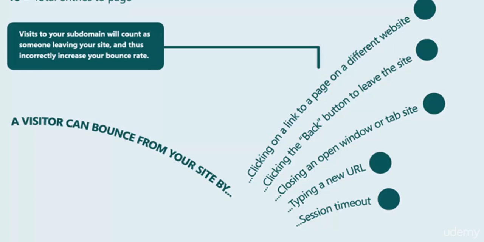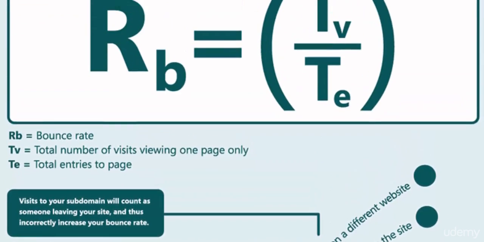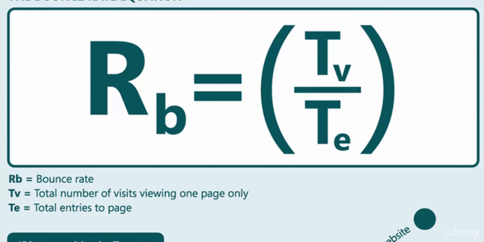If he closes the window or tab of your website or even the browser altogether, or if he types a new URL from the page of your site, or if the session times out, then in these situations, the visitor is considered as bounced back. So again, by using this equation, Google computes the bounce rate for each and every page of your website.